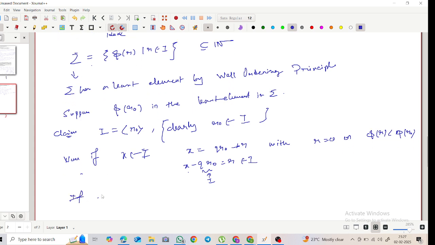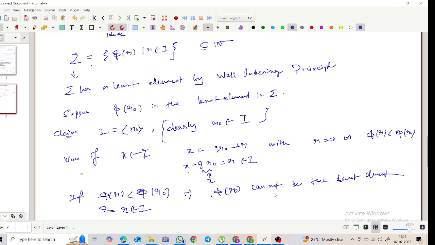So if phi(r) is less than phi(r0), and r belongs to I, we observe that phi(r0) cannot be the least element in sigma, as phi(r) belongs to sigma, which is a contradiction.